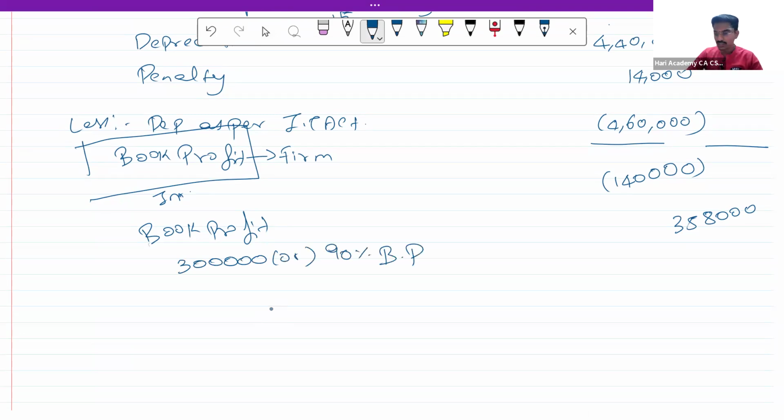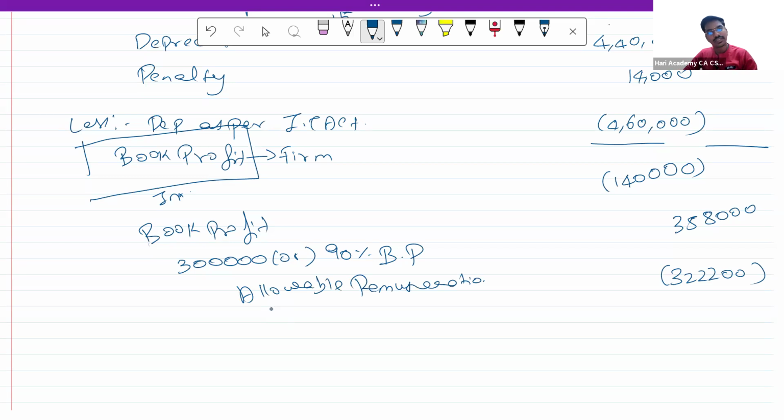So for 3,58,000, the 90% of book profit is 3,22,200. So this 3,22,200 is the allowable remuneration. How they divide it between the partners is not the question in our hand. If we say that this is an allowable expenditure, that is fine.